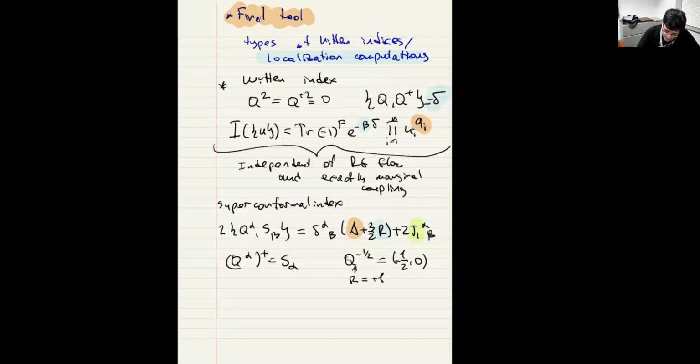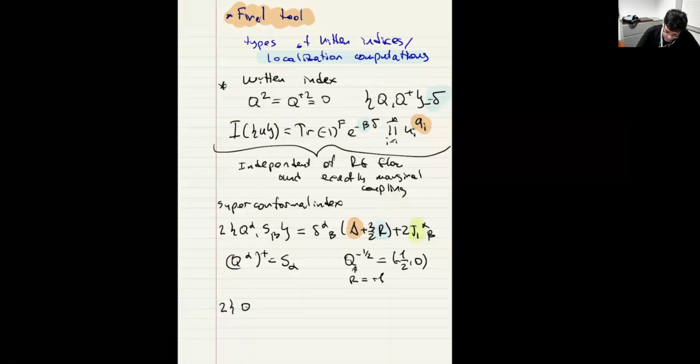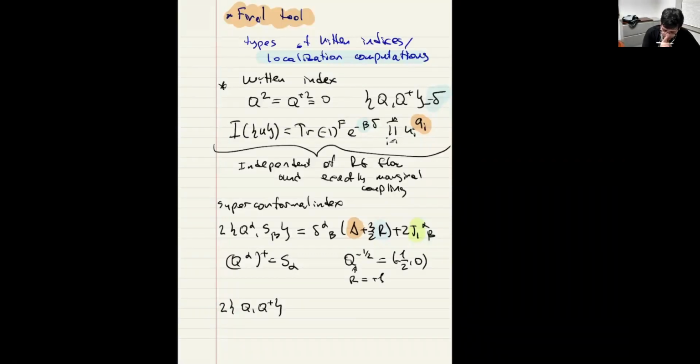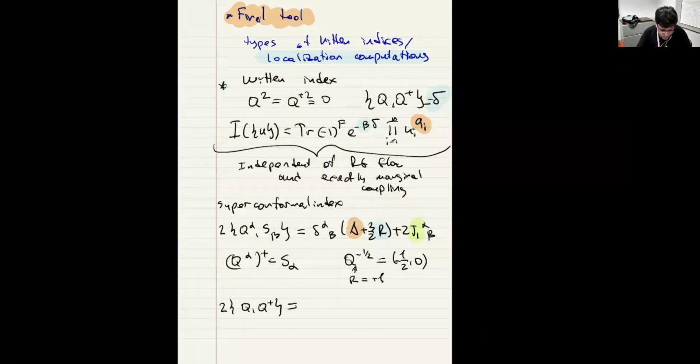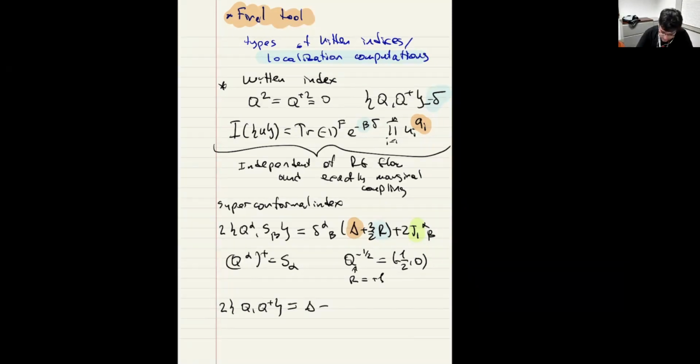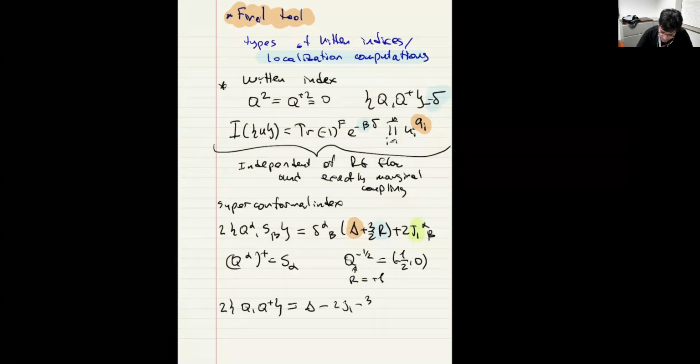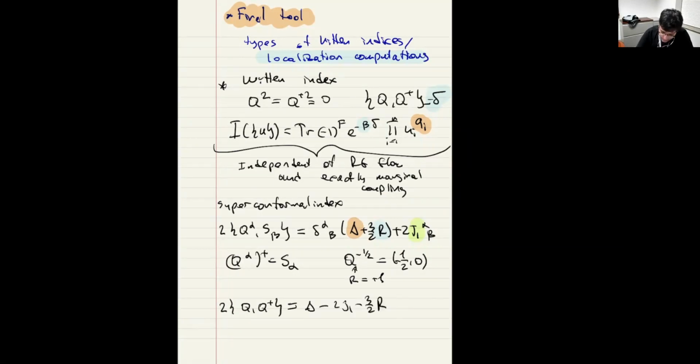And then we write this particular element of the algebra for this choice of the supercharge. So for this choice, we can write this as being delta minus 2J1 minus 3/2 R, and this particular combination we will define to be our delta.